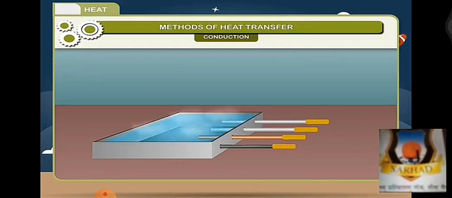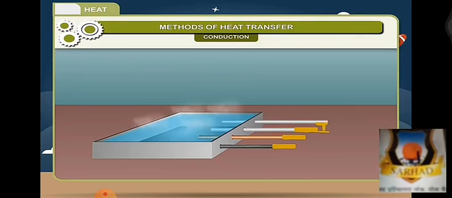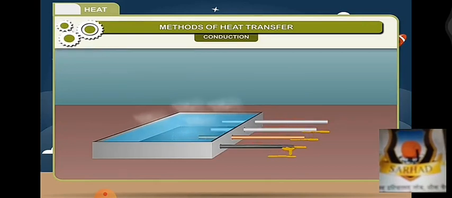Put hot water in the container. The end of the rods inside will get heated. This heat will start flowing to the other end where wax is coated. The wax will start melting in silver first, copper next, then aluminium, and then iron. This shows that silver is the best conductor of heat.